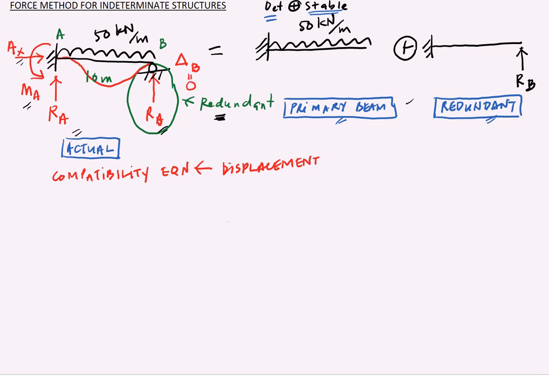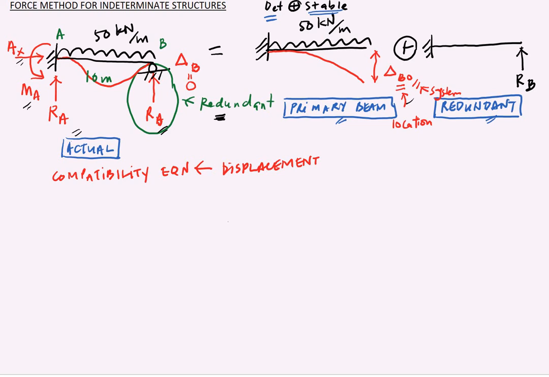However, for your primary beam under a uniformly distributed load, your beam is going to deflect downwards. You will have a deflection. Let's call the deflection delta B0. Delta B0 means the first notation is the location of the point, which is point B. 0 is the system 0, which is our primary system.